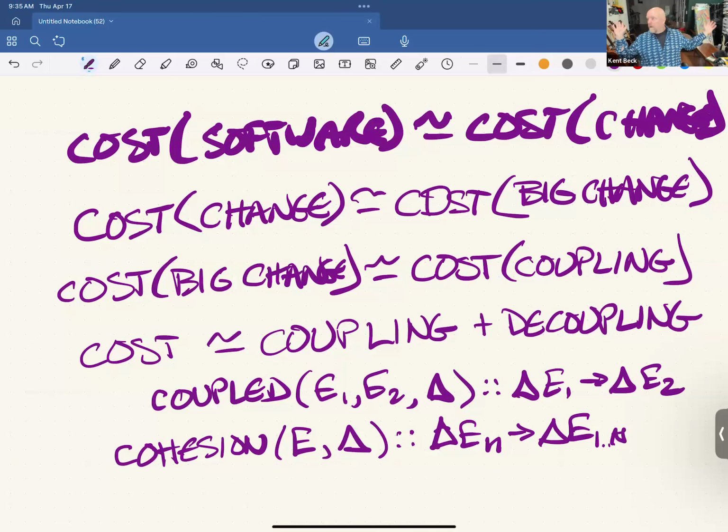I don't have to look at the entire system to understand how to improve cohesion. Oftentimes, improving cohesion is the first step to understanding how to eliminate coupling also, because now the changes happen in a smaller scope, and I'm able to understand how I can eliminate this coupling entirely and reduce the overall cost of the software.